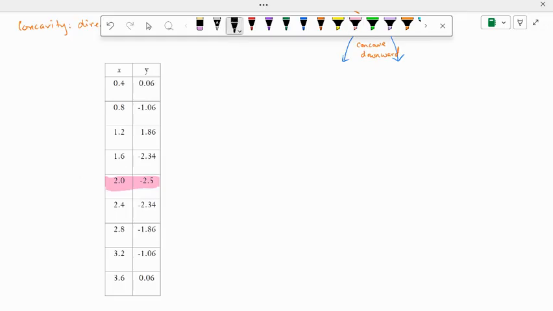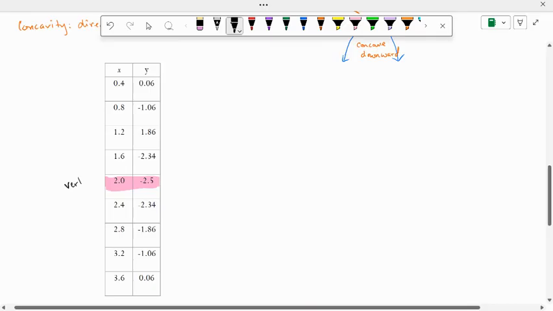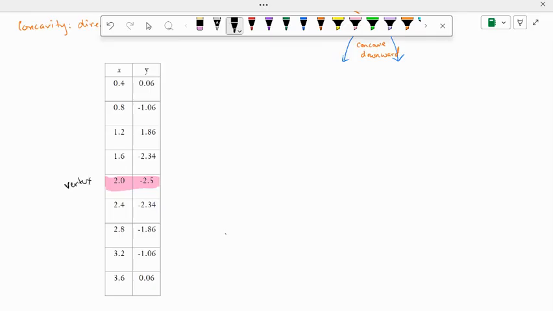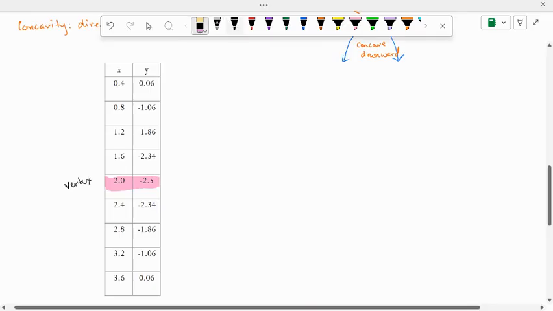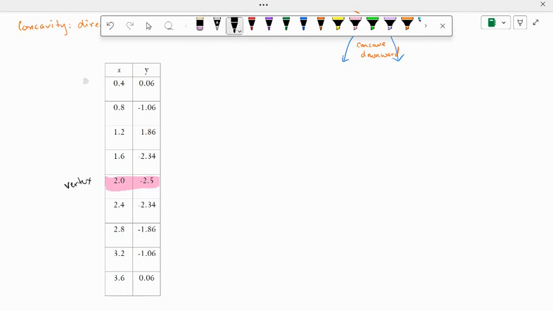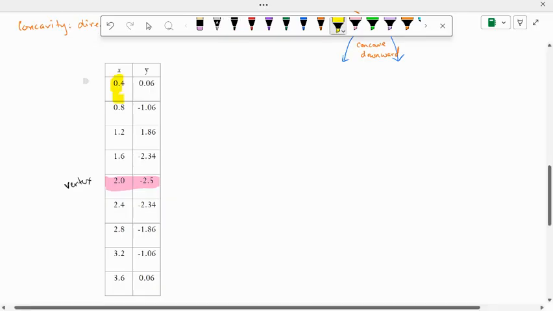So that is going to make this point the vertex of my quadratic. I do see consecutive equal length input value intervals here. I'm seeing an increase of 0.4.